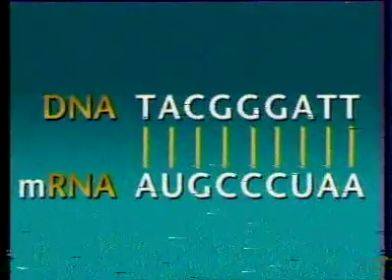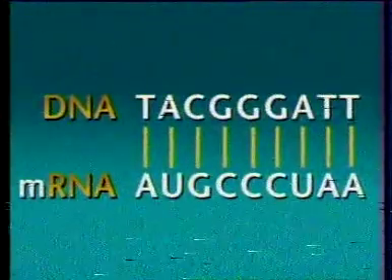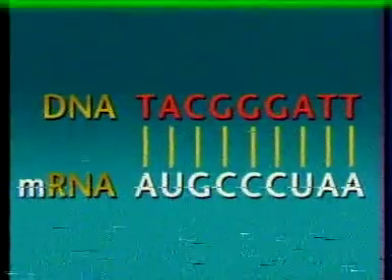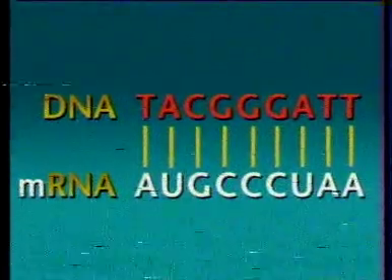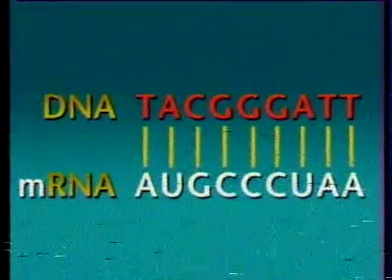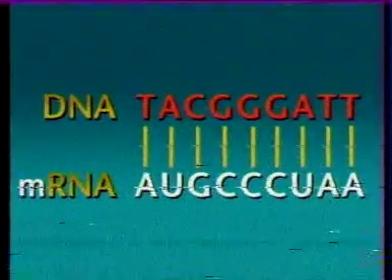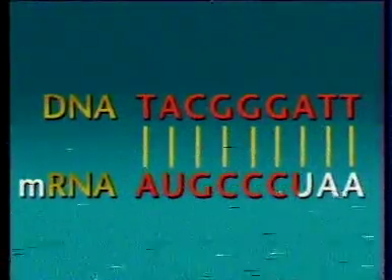For instance, if the sequence of nucleotides in a coding strand of DNA is, let's say, TACGGATT, as given here, then the complementary nucleotides on the messenger RNA will be AUGCCCUAA.